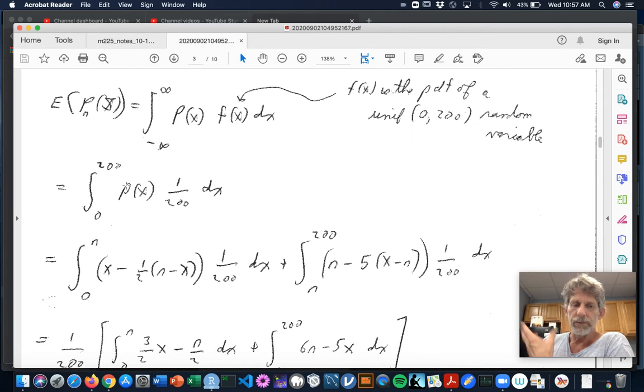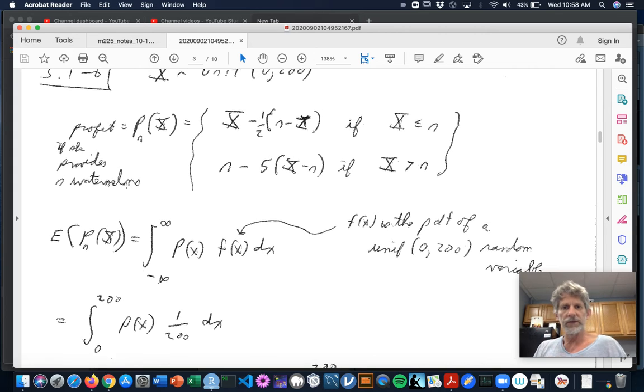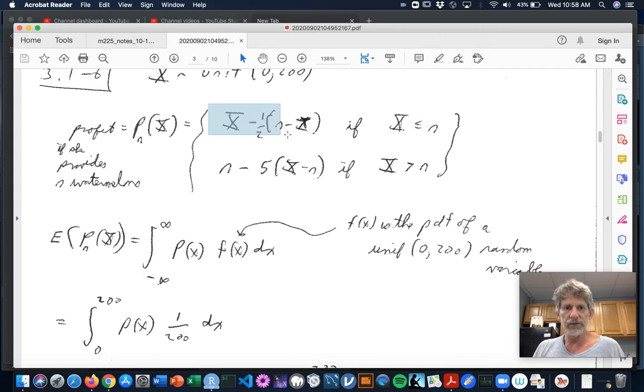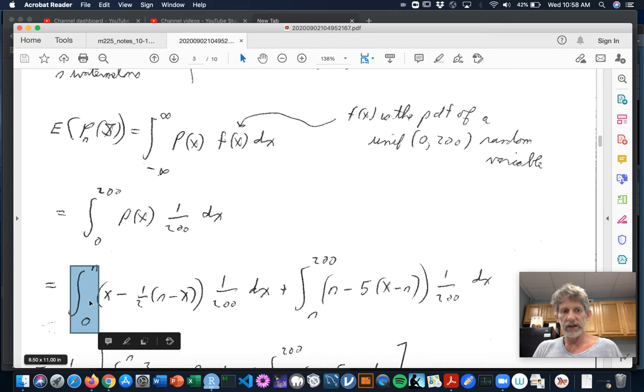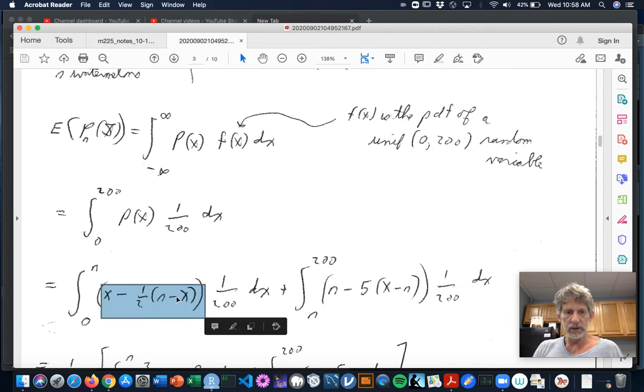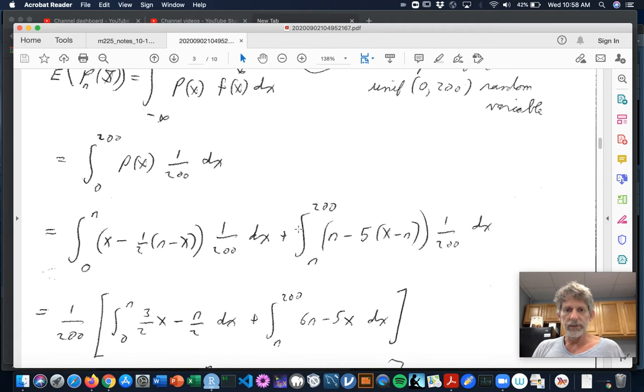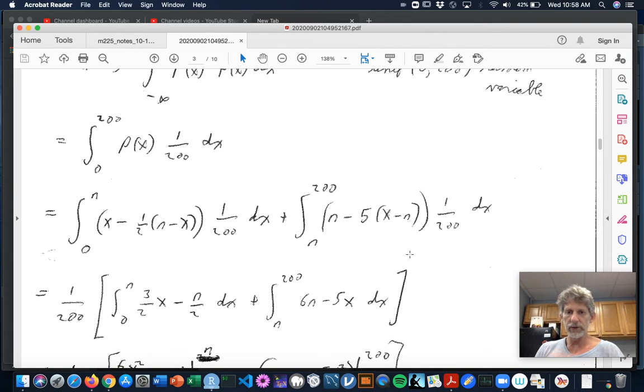The thing is that P sub n of x is piecewise defined. Its formula is different over two ranges. If the capital X came out between 0 and n, or I should say if the little x, the little possible value, is between 0 and n, then the first formula holds. And if it's from n up to 200, the second formula is appropriate. So you have two integrals to work with.